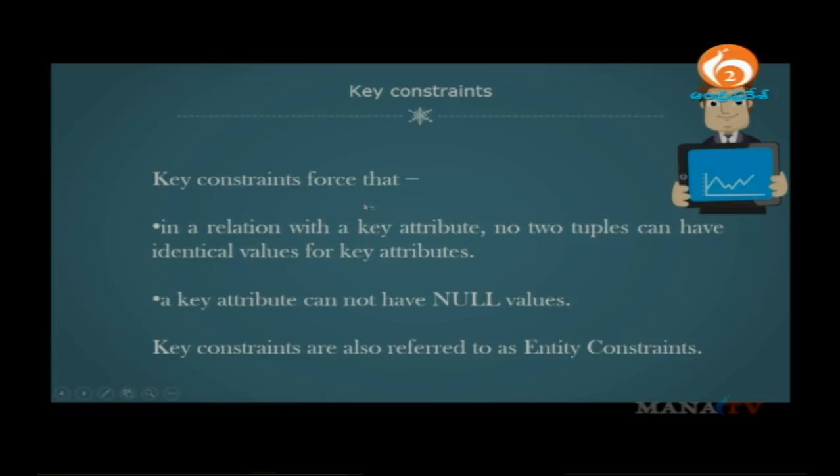Key constraints force that in a relation with a key attribute, no two tuples can have identical values for the same attribute. A key attribute cannot have null values, a very important thing, and that is the second rule of Codd.